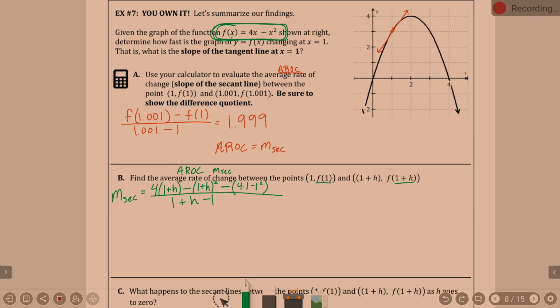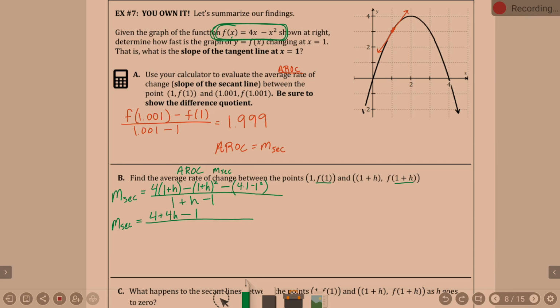Okay, let's do some cleanup. 4 times 1 plus h is 4 plus 4h, minus, okay guys, what am I doing with 1 plus h quantity squared? FOIL, right? Write it out if you need to, or do it in your head. First, 1 times 1 is 1, and applying that minus as we go, it's minus 1.